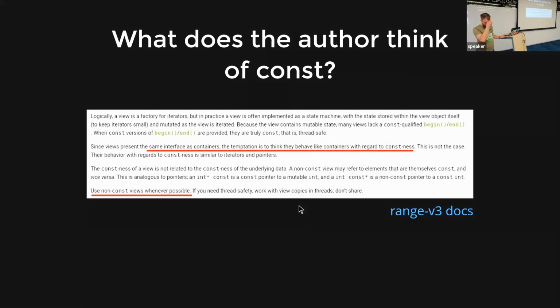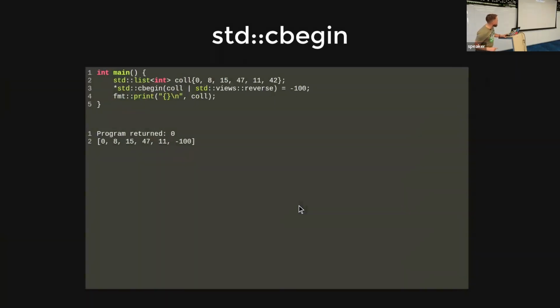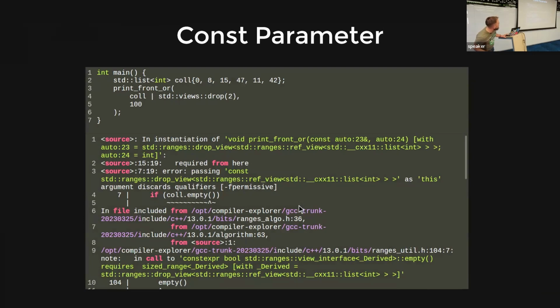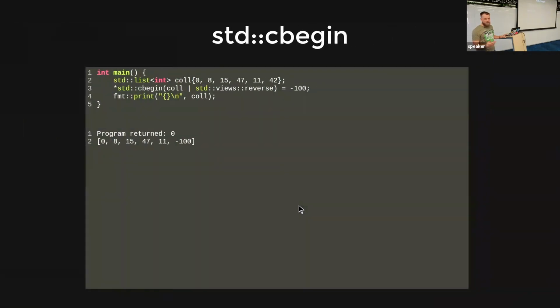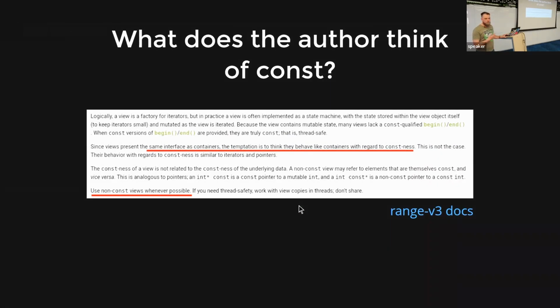I wanted to put this up here because this is from the documentation of ranges v3, what the author of ranges thinks of const and also of containers. Remember plug compatibility. One thing I was pointing out here is that views are not plug compatible with containers, even though they express the same interface, which I think is a nasty corner case that didn't have to be, but Mr. Niebler didn't think so.